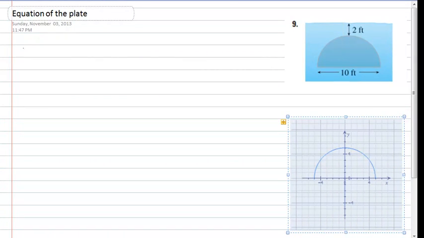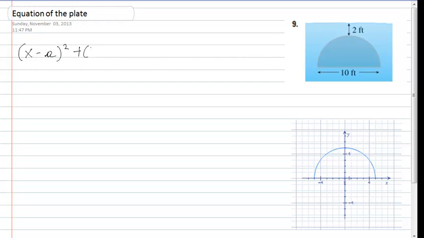The equation of a circle is (x minus a) squared plus (y minus b) squared, which is equal to the radius squared. Since a and b provide shifts to the circle, in our case they are going to be equal to 0, giving us the equation x squared plus y squared equals r squared.